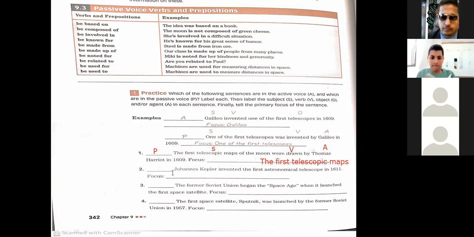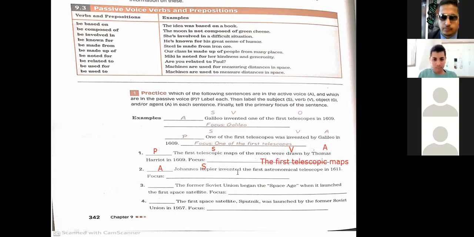Johannes Kepler invented the first astronomical telescope in 1611. This one is an active sentence. The subject: Johannes Kepler. This would be the subject.